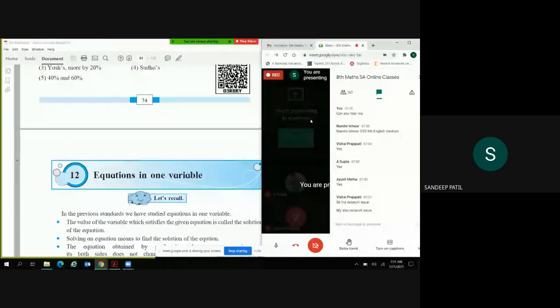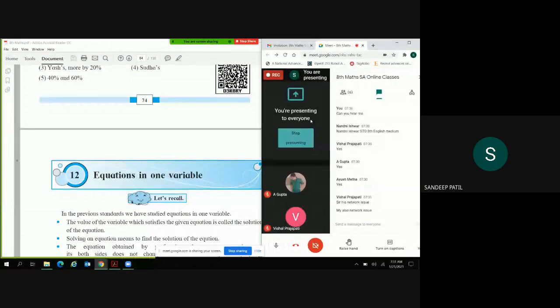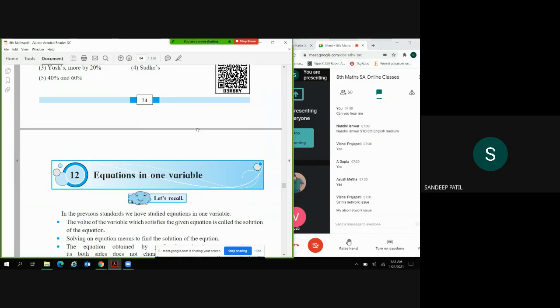Yeah, I can understand there is network issue. So hopefully we can get through this lecture. So can you see my screen now? क्या आप मेरी screen देख सकते हैं?